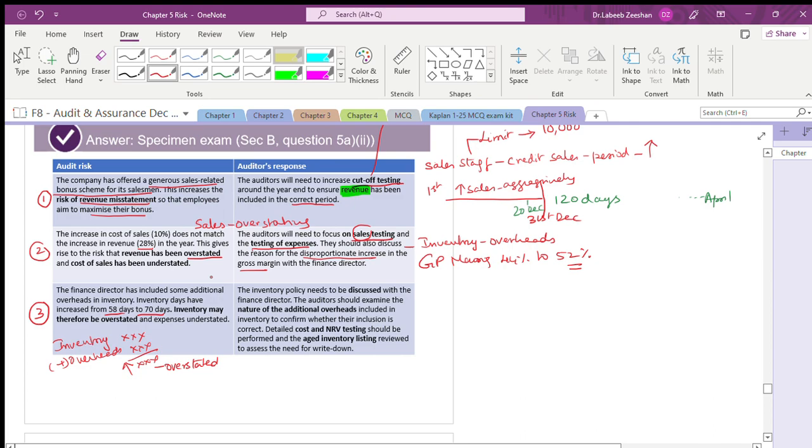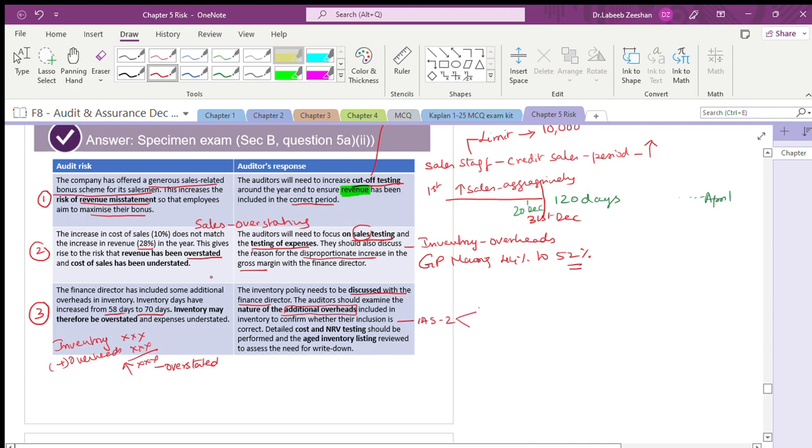Again, the moment you say this, you have to discuss with the management, with the finance director. The auditor should examine what are the additions, what are the overheads they have added, which have been included. Detailed cost and NRV testing. As I told you in the beginning, when we say inventory, it is with respect to IAS 2.